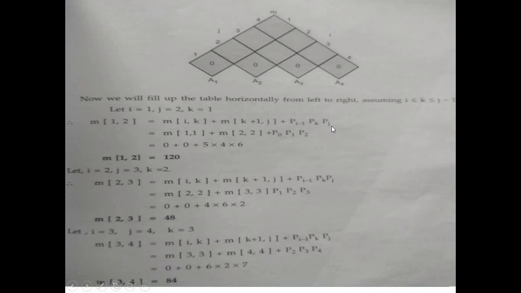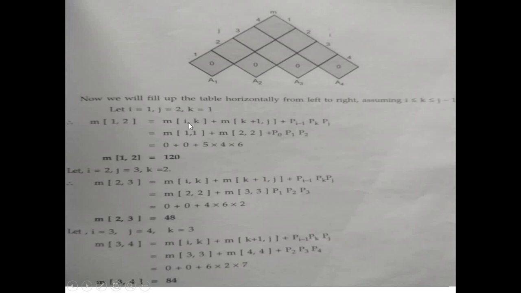Okay, so here in this case i is equal to 1, j is equal to 2 and k is equal to 1. Here i will be our first element, j will be our last element, and k will be the gap here. Here we have only two elements, so k will be 1, or we can say the total number of cases will be 1 here.